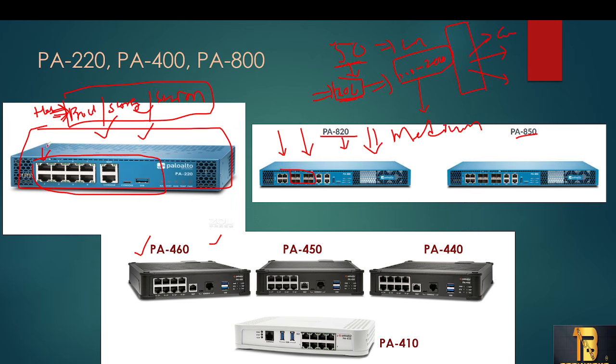RJ45 only supports up to 1 gig speed. If you want to increase the network speed, you have to bundle your ports like how you do EtherChannel, or you can use a firewall with SFP ports. These SFP ports support up to 10 gig.